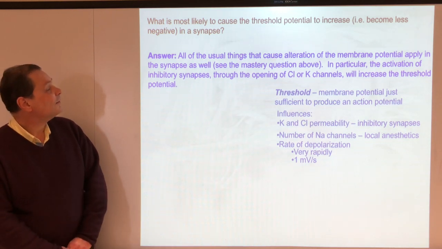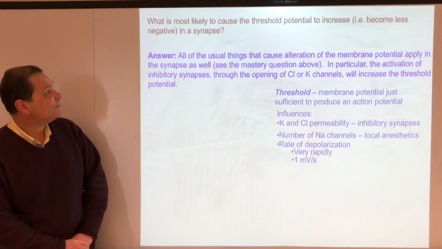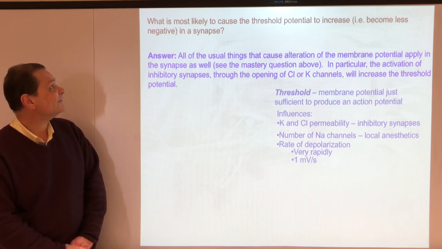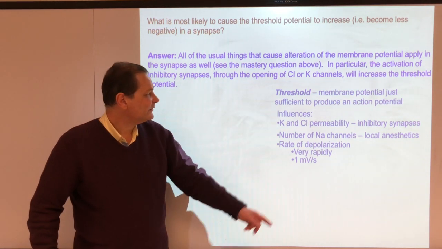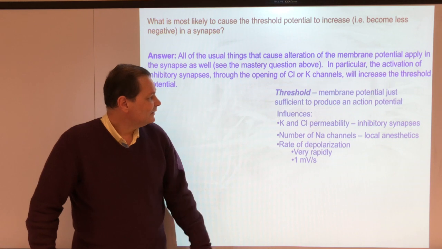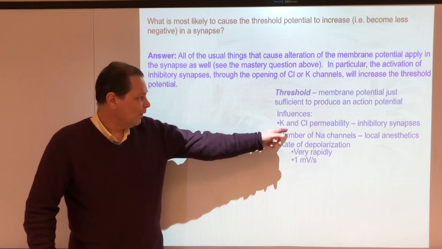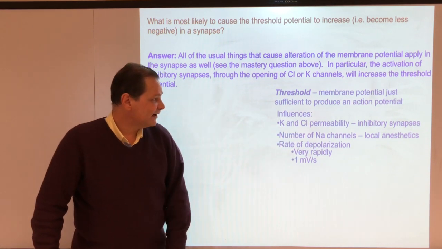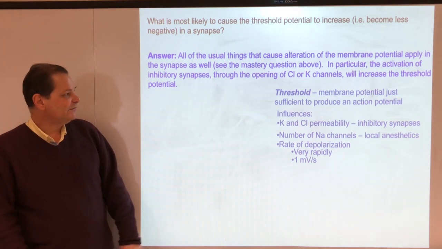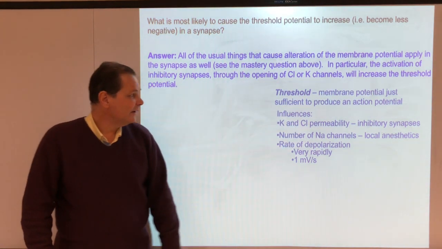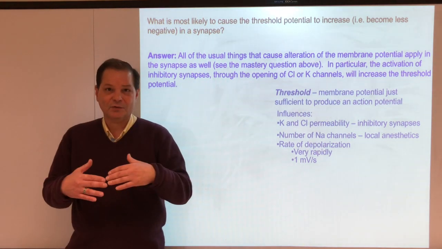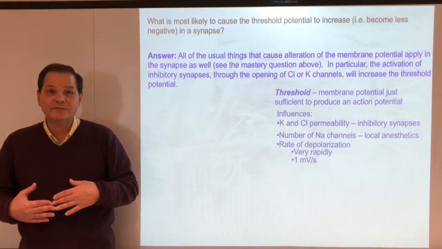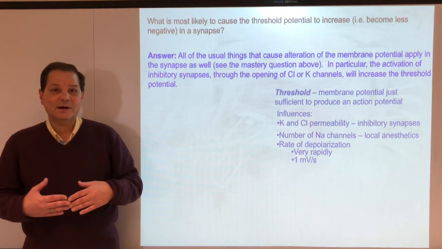So, third mastery question, what is most likely to cause the threshold potential to increase, become less negative? In a synapse, these are the things that influence the threshold potential. If you open more potassium or chloride channels, as you may find in an inhibitory synapse, that will pull your membrane potential back toward rest or lower in the case of the potassium channel.